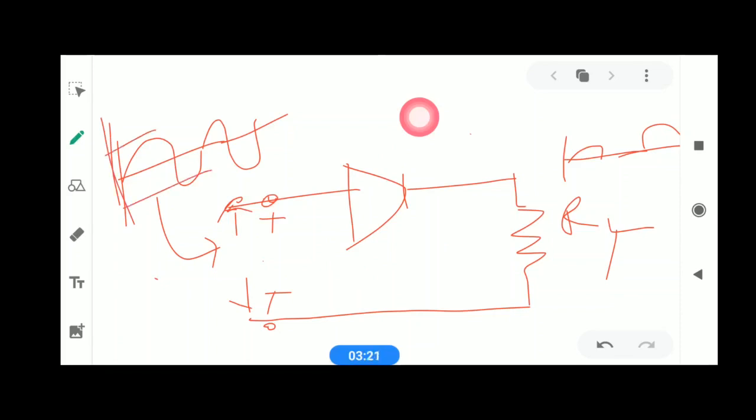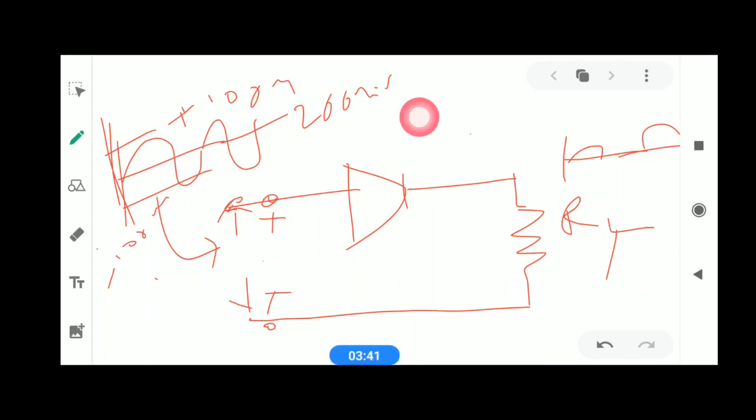If you apply a small signal as an input to this rectifier, say a peak to peak of 200 millivolt, peak to peak 200 millivolt means upper positive 100 milli and lower negative 100 milli.